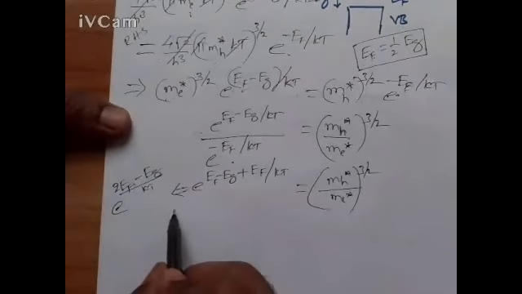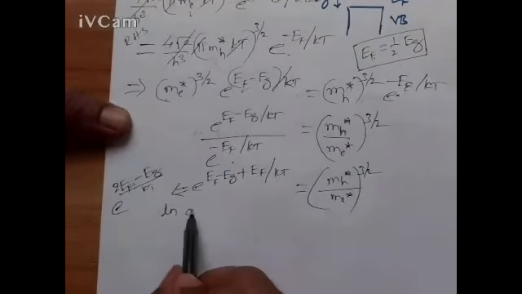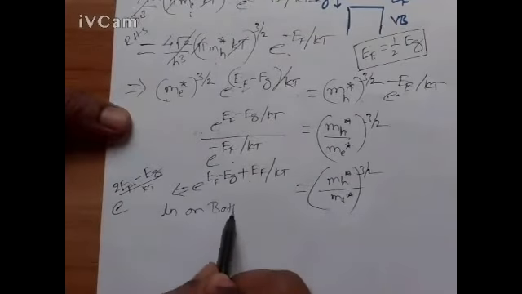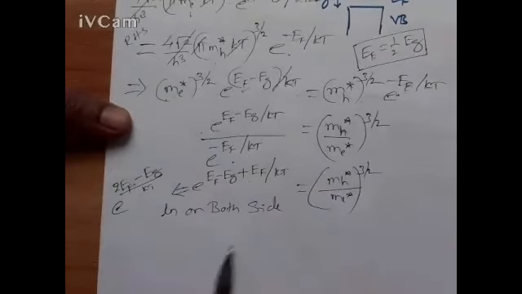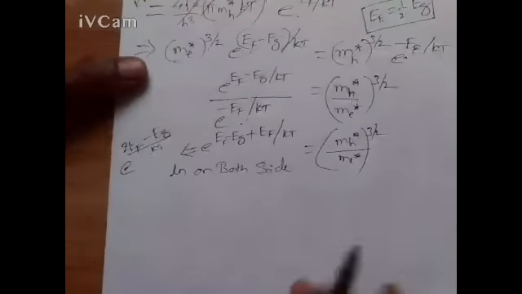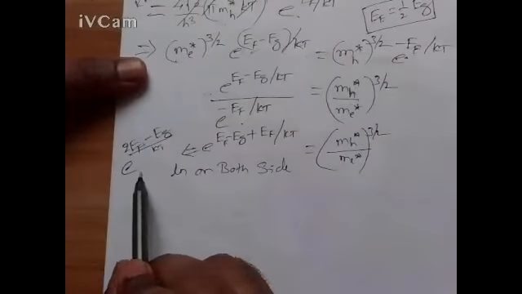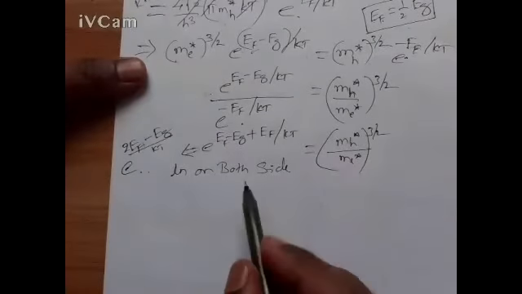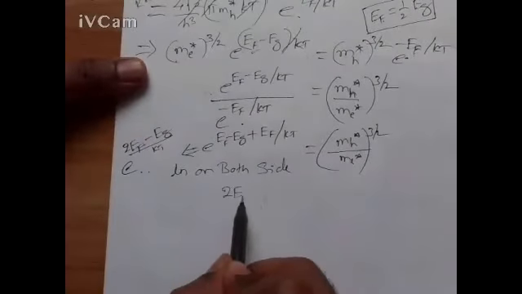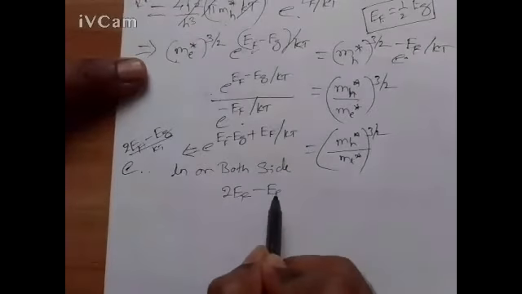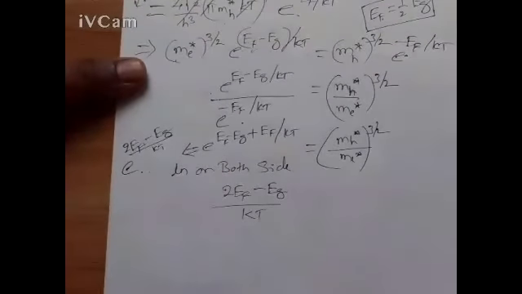So taking ln, the natural log, on both sides, what happens when I take ln on both sides? When I apply ln to this, I remain with this 2EF minus Eg divided by kT.